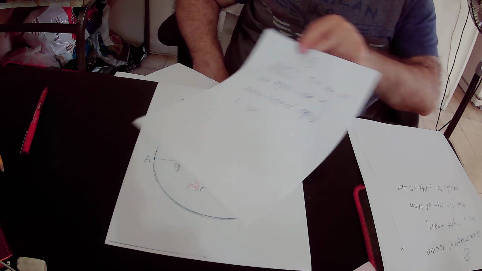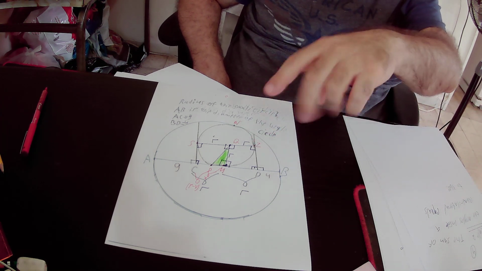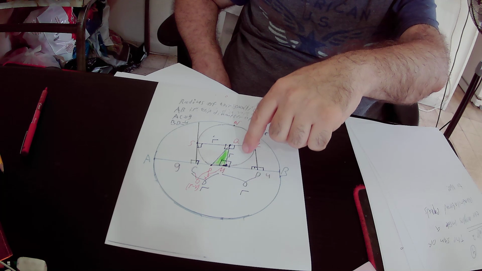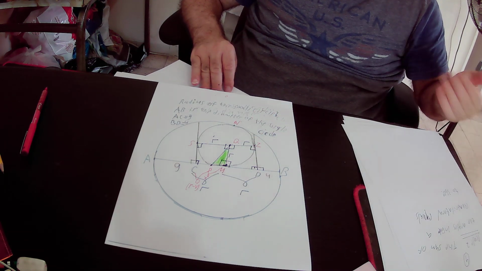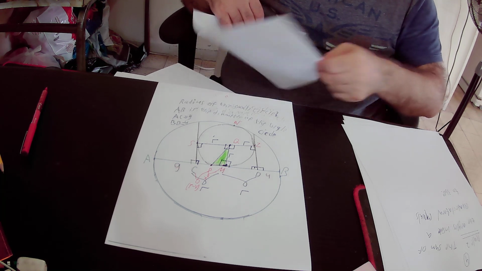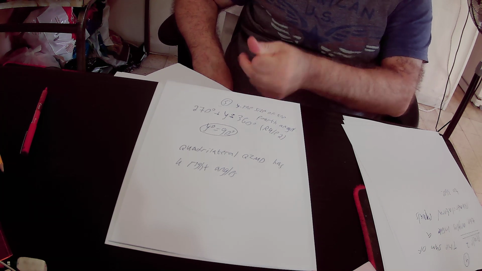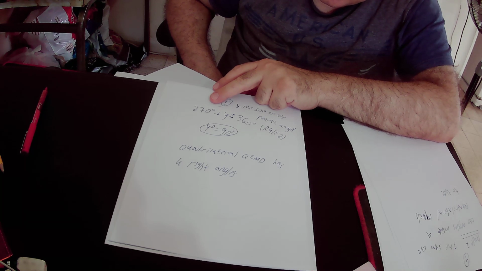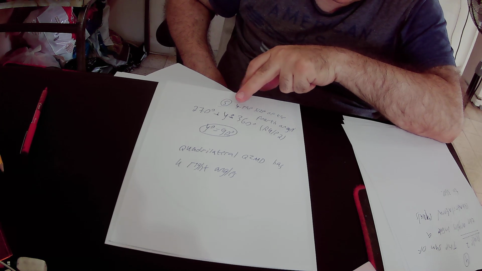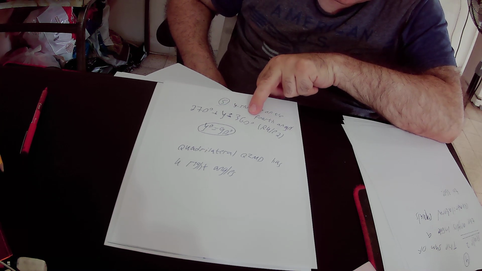In quadrilateral QZMD, the sum of its 4 angles must be equal to 360 degrees according to rule number 2. So the sum of the 3 angles, that is 90 times 3, which is 270 degrees, plus the size of the 4th angle, that is Y, must be equal to 360 degrees.